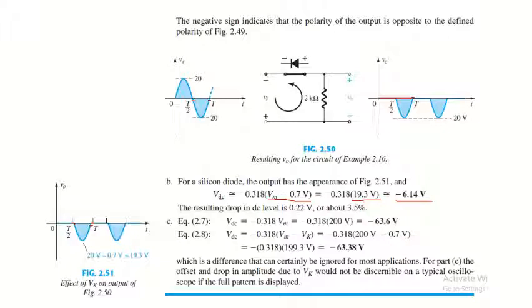This is for part B. Now coming to part C, VDC is equal to minus 0.318 due to this lower lobe, times 200, which is equal to minus 63.6. This is 200 because we are using the ideal diode. But in case of silicon diode, it will be minus 0.318 into (Vm minus Vk), that is 199.3 volts, which is equal to minus 63.38 volts.